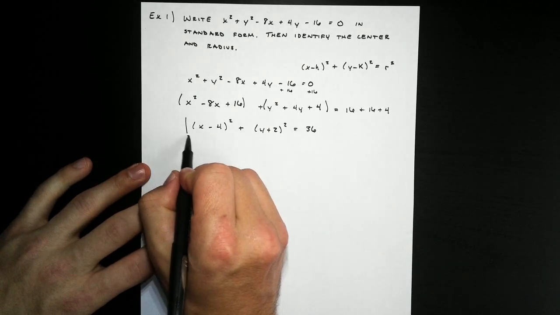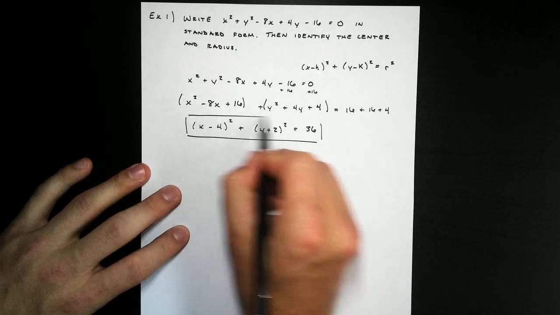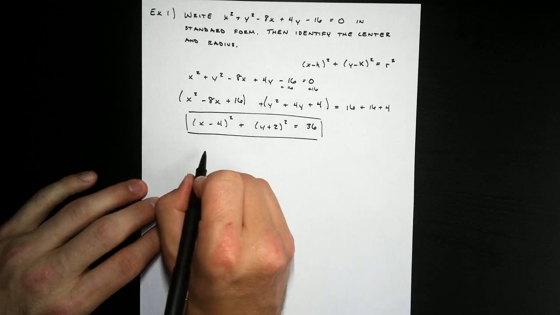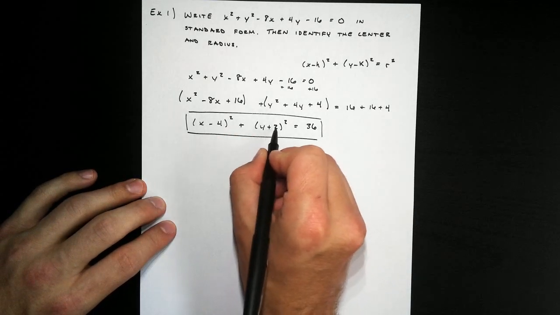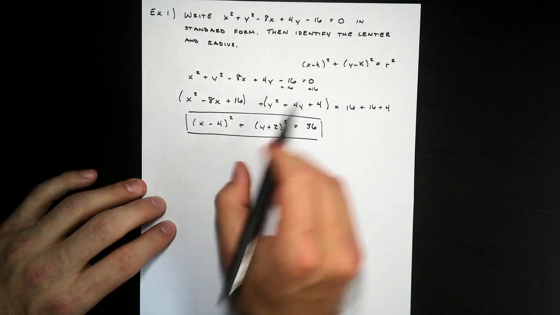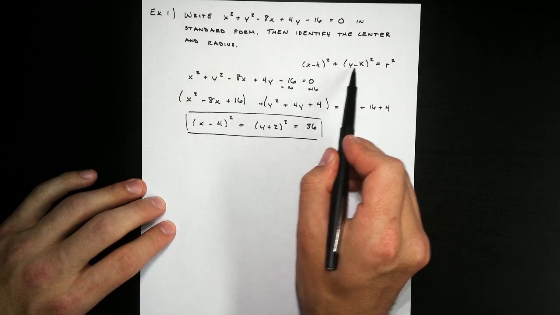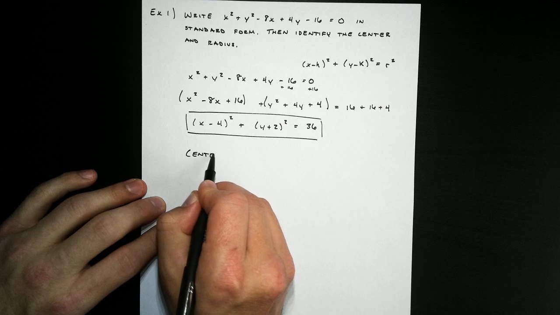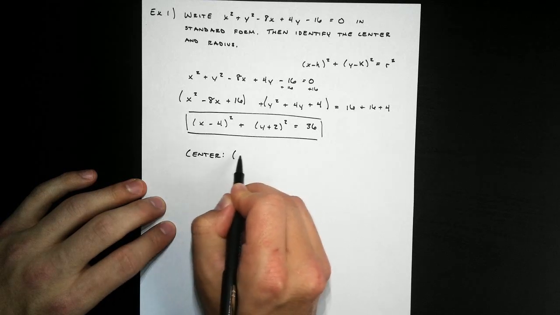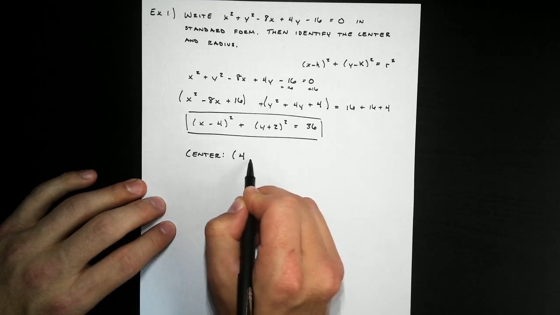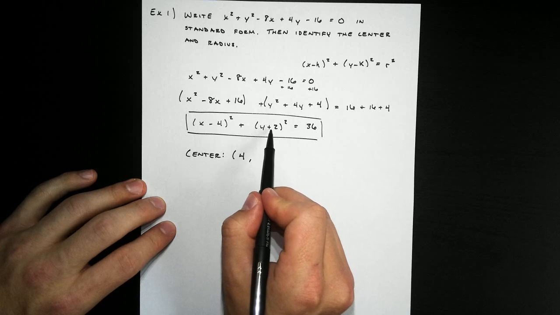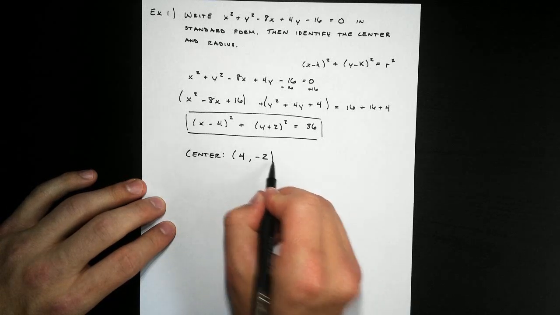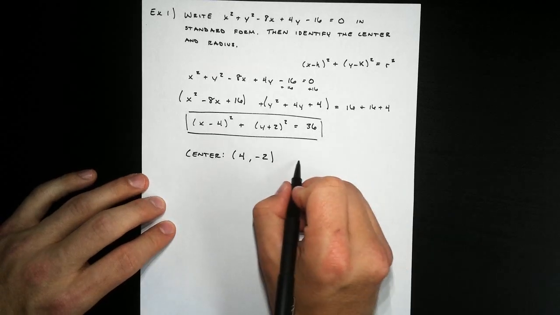So here's standard form, and from this, we can easily tell what the center is and what the radius is. The center is h and k. Remember, these negative signs are built in. So for the center, h is 4. And then since this one's plus, we actually need the opposite of that, so the y value of the center is negative 2.